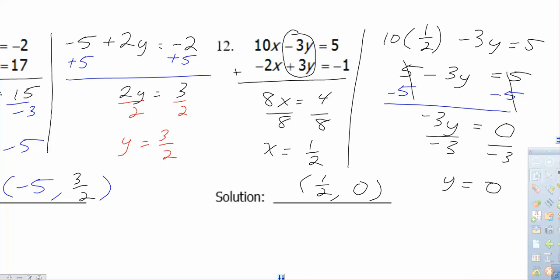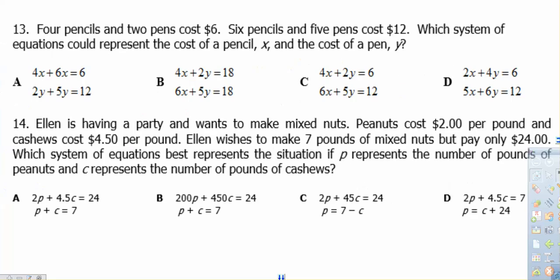All right. Number 13. 4 pencils and 2 pens cost $6. 6 pencils and 5 pens cost $12. Which system could represent the cost of a pencil and the cost of a pen? So x is pencils, so we have 4x and 2y equals 6.